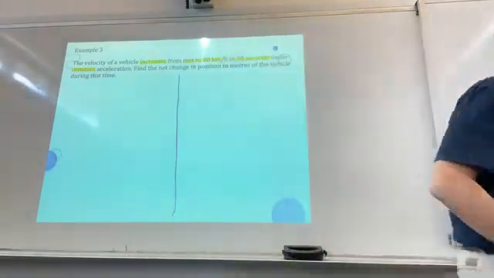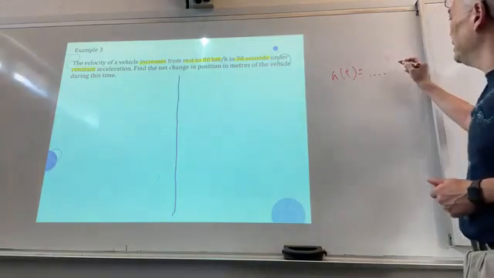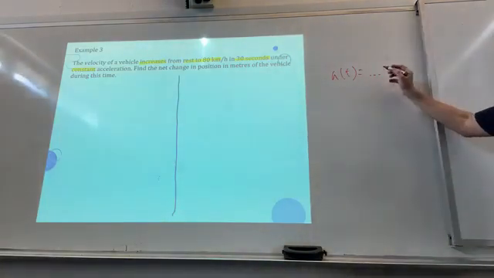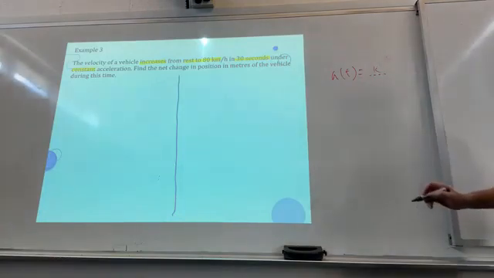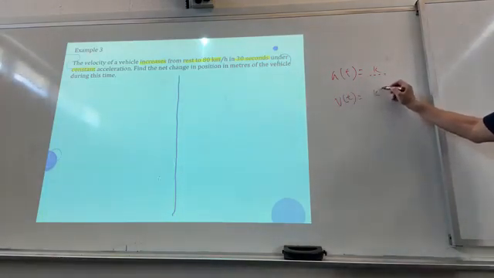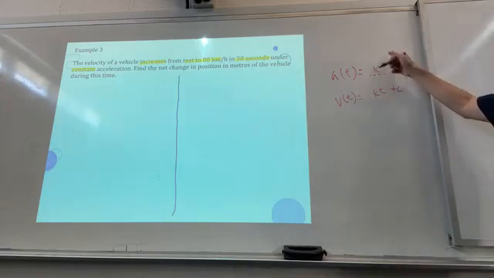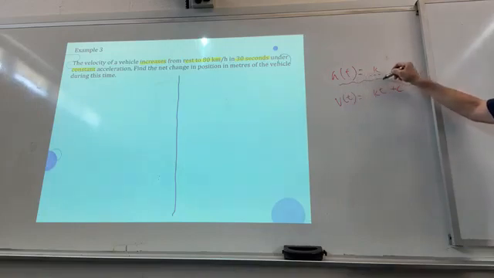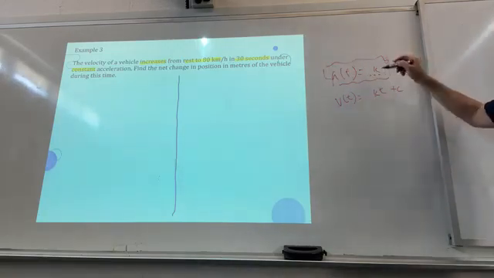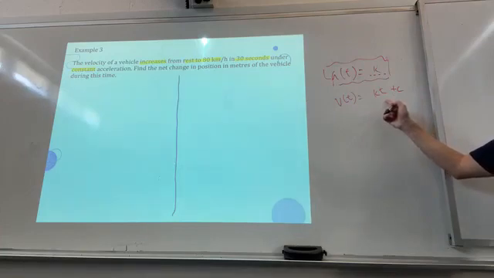So a(t) is a constant number. It doesn't matter whatever it is. Let's say a(t) is k. So v(t) will then be kt plus c, correct? Because you need to integrate that. Think about this. It's a constant. If you're integrating a constant, you get kt or kx.